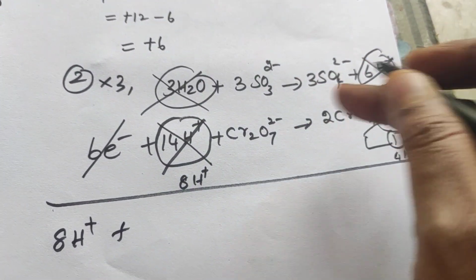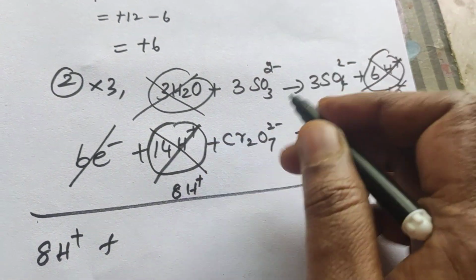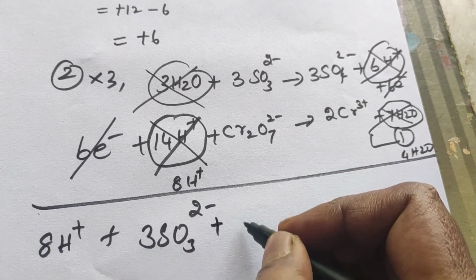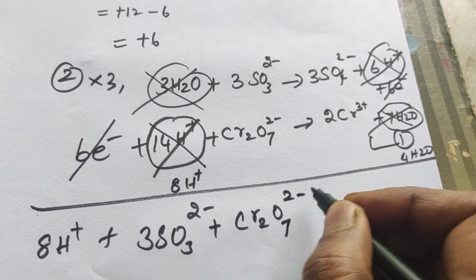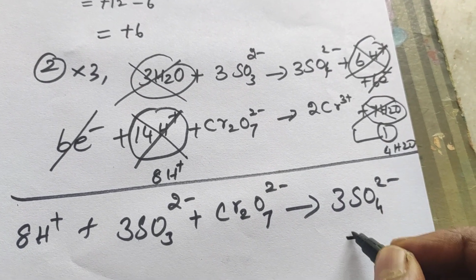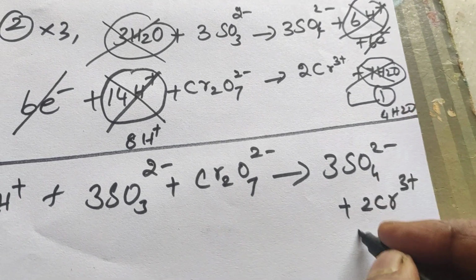Everything remaining is cancelled. So you can add up and write the remaining. So 8 H plus plus 3 SO3 2 minus plus Cr2O7 2 minus gives 3 SO4 2 minus plus 2 Cr3 plus and 4 H2O.